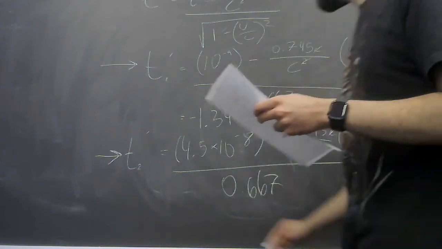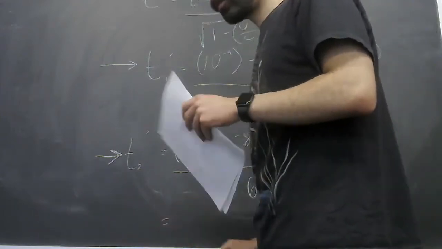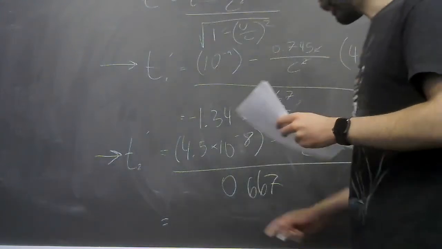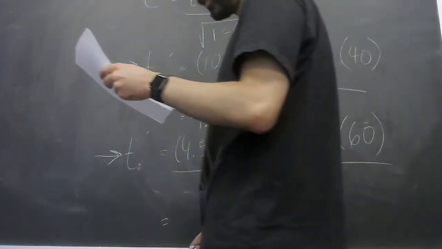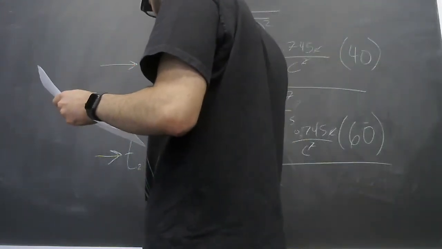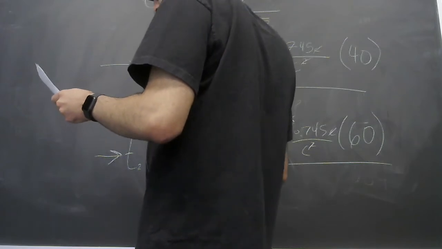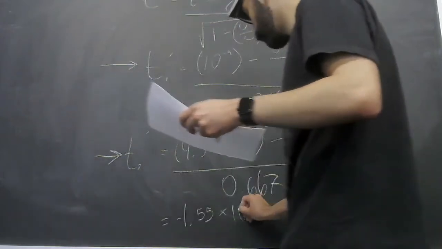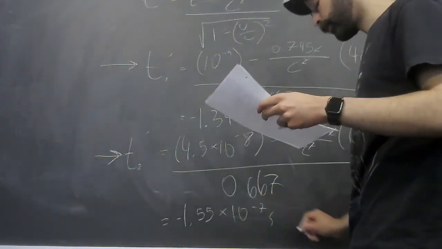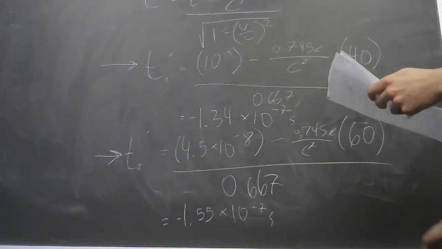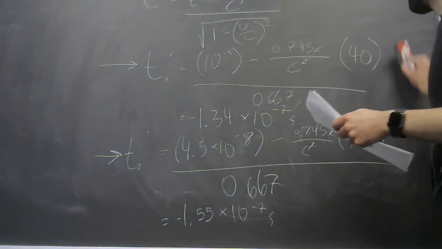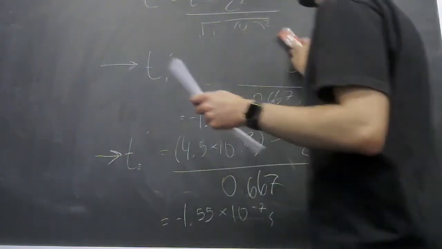Okay, and then t2 prime equals minus 1.55 times 10 to the minus 7 seconds there. So now we need to find the change between these, so we're just going to subtract.